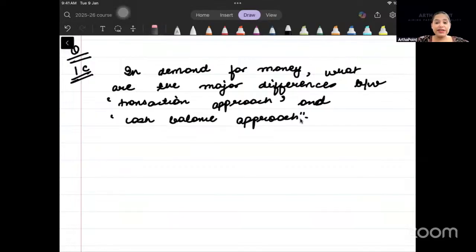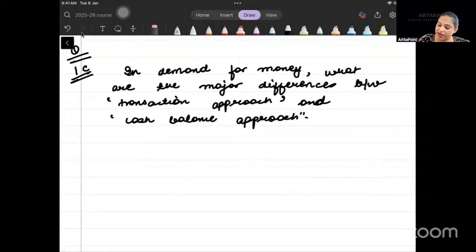If you write it in a box, with transaction approach on one side and cash balance approach on the other side, there is nothing like it. It will be very, very useful, and you will score excellent marks. So that will be a good approach to follow. Let us write down the answer to this one.